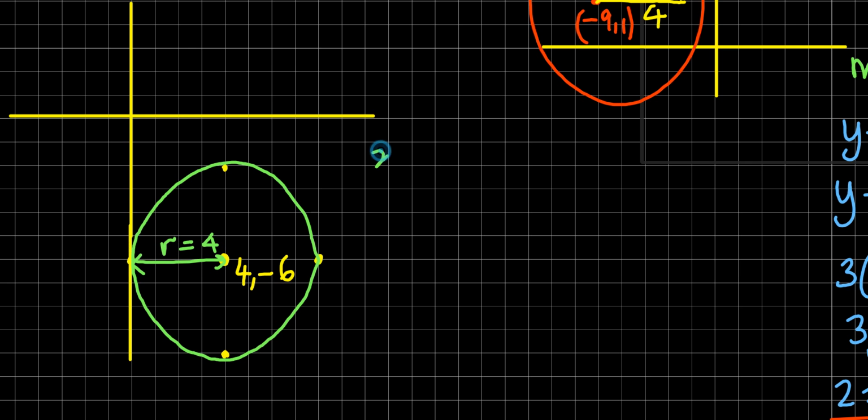Now remember that in the equation of a circle, this part here is r squared. So we know that the maximum we could have is 4 squared, which is 16.